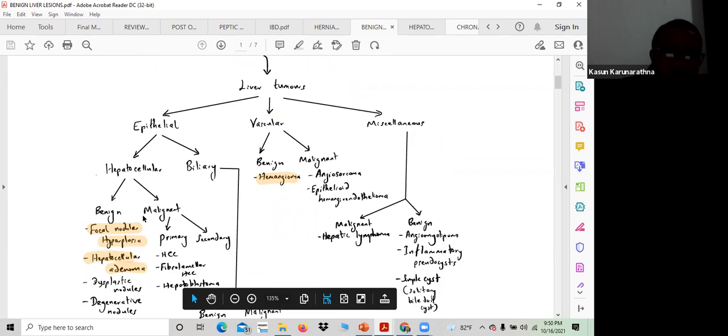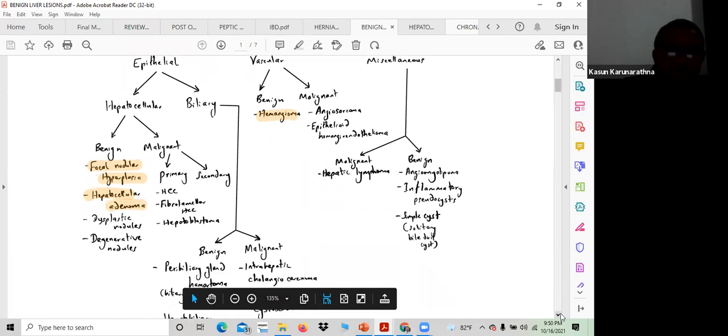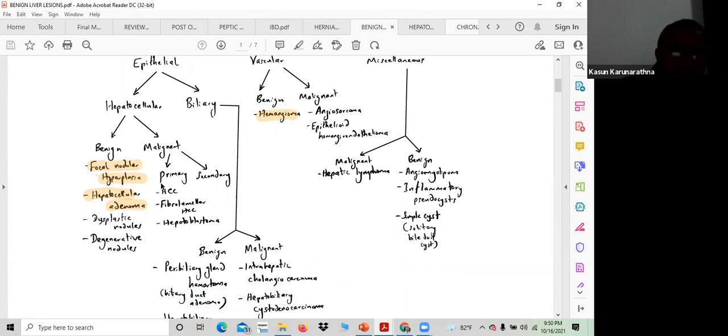The hepatocellular neoplasms: benign conditions are focal nodular hyperplasia and hepatocellular adenoma. Malignant epithelial lesions, solid tumors, can be either primary or secondary. Primary tumors will be hepatocellular carcinoma, fibrolamellar carcinoma, and hepatoblastoma.